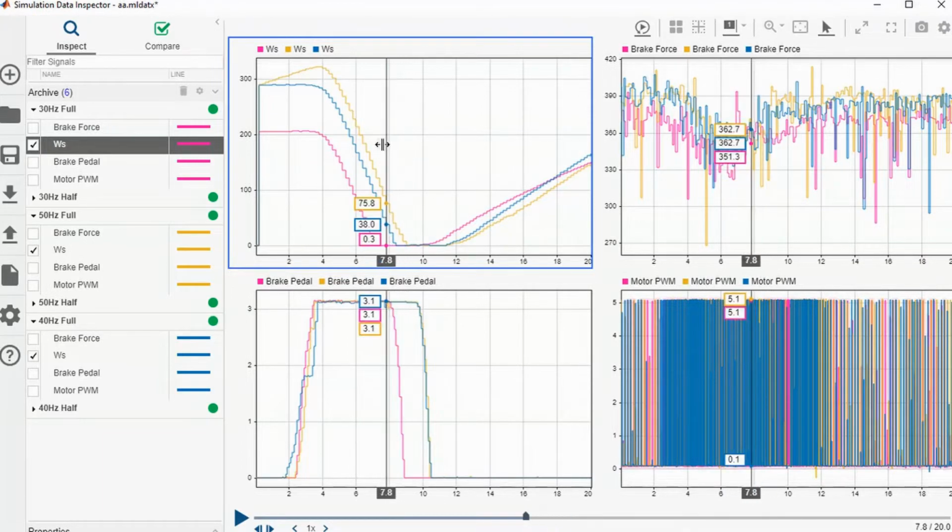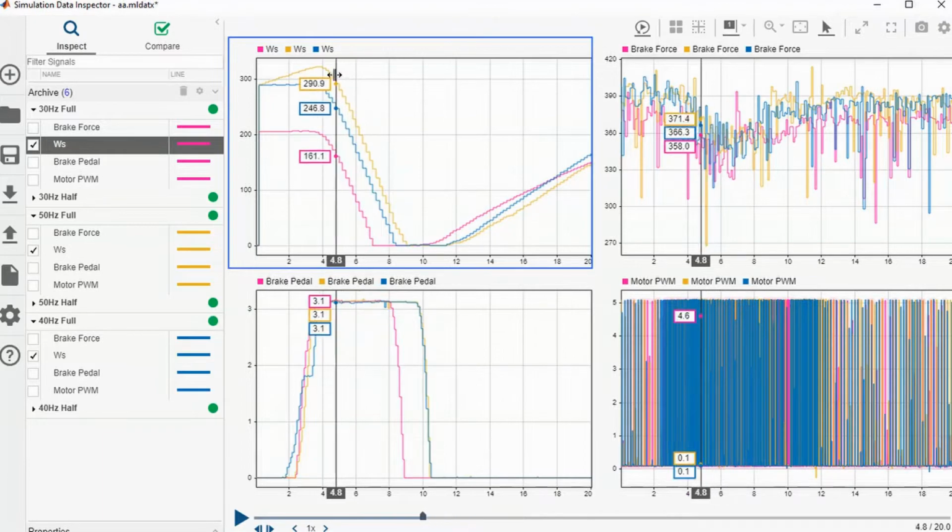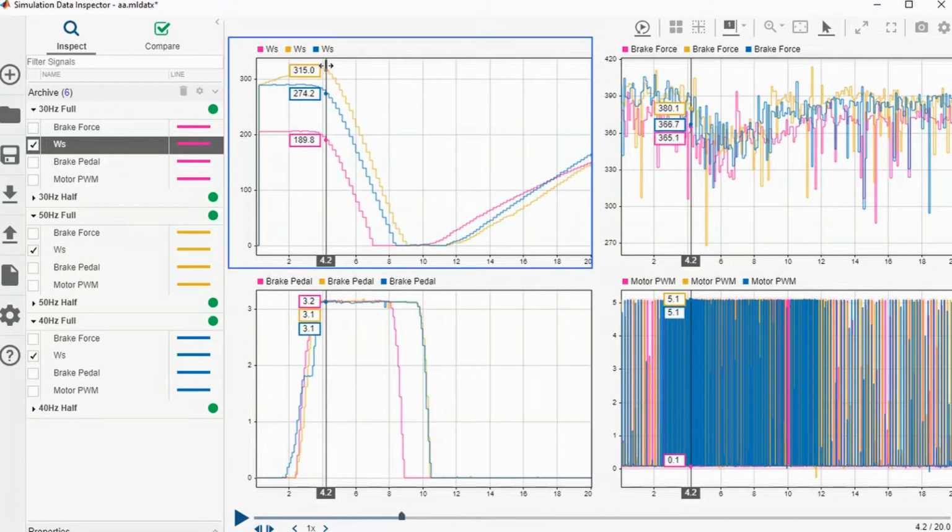Logically, the slower moving car will stop faster than the faster moving car.